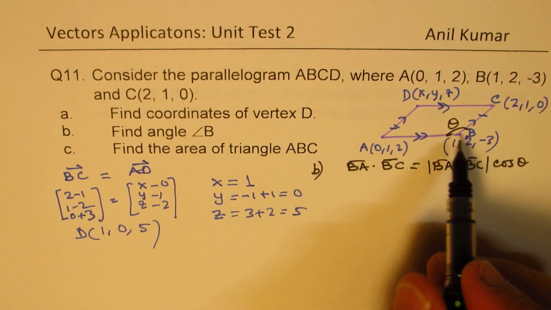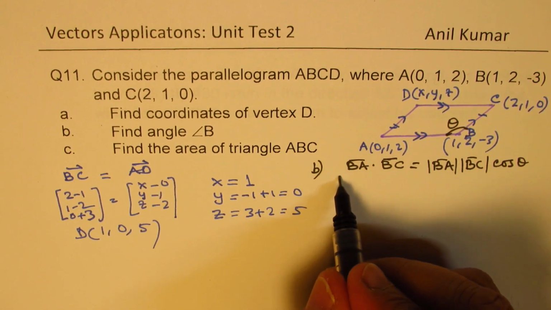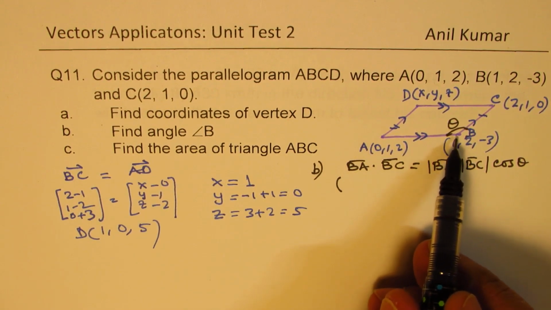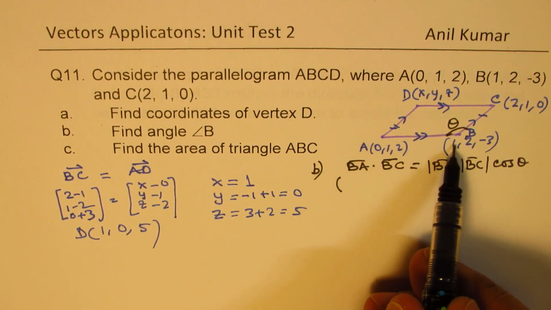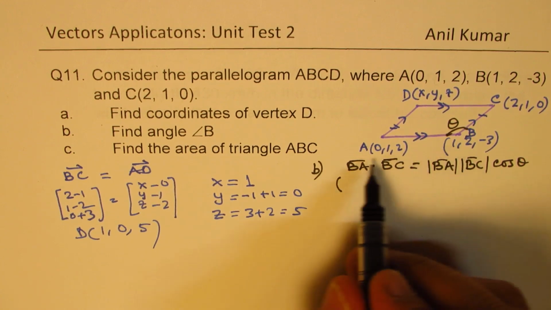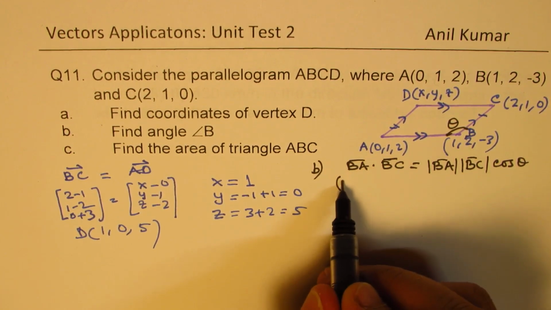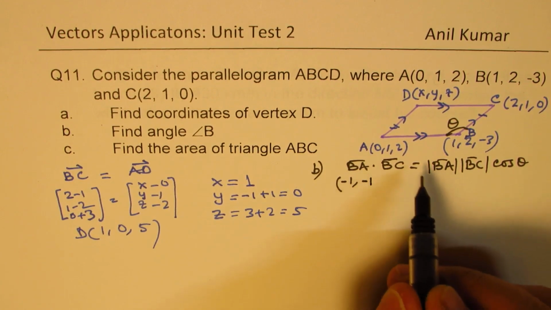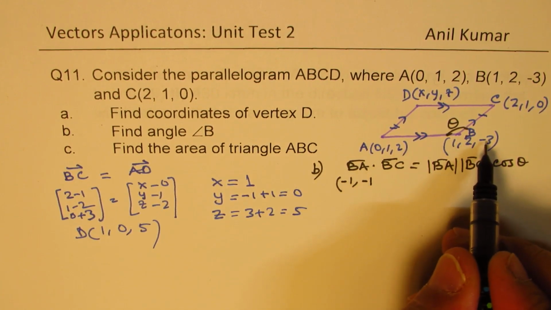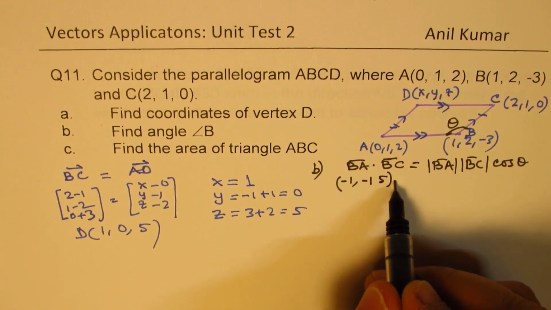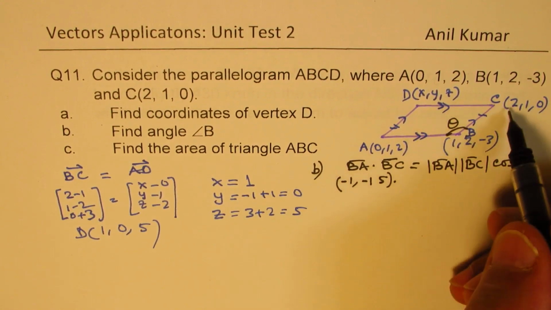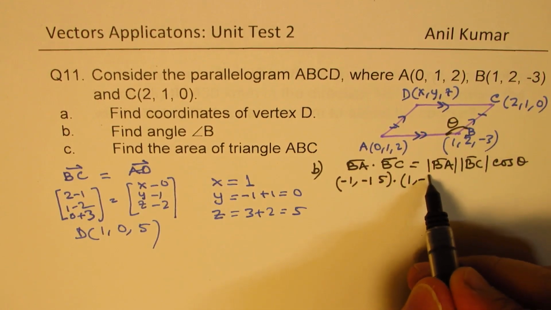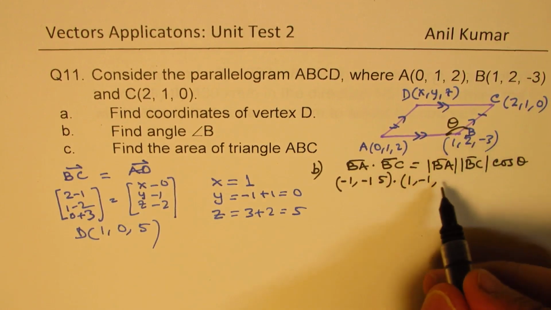So BA dot BC. BA means 0 minus 1, which is minus 1, 1 minus 2, which is minus 1, and 2 minus, that becomes 5. Dot BC, which is 2 minus 1, which is 1, 1 minus 2 is minus 1, 0 minus 3 is 3.